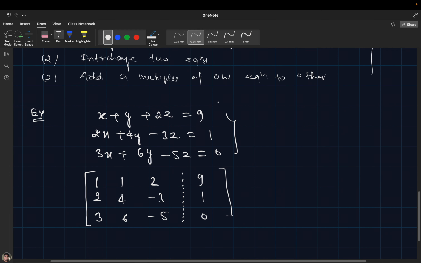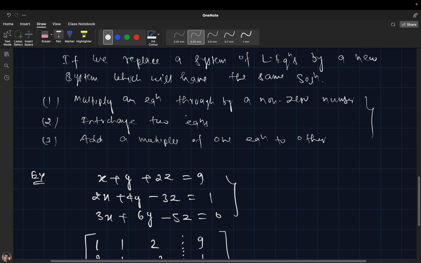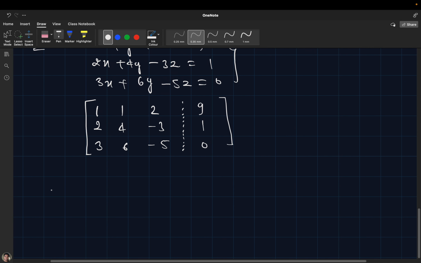So what will I do? First I will do an elementary row operation. Suppose I am changing row 2 such that row 2 minus 2 times row 1, which means I am changing this row minus 2 times this row.